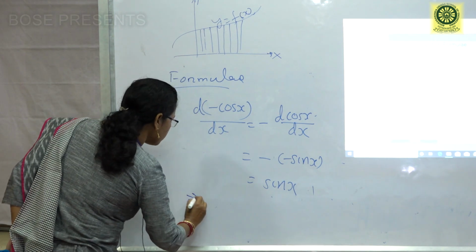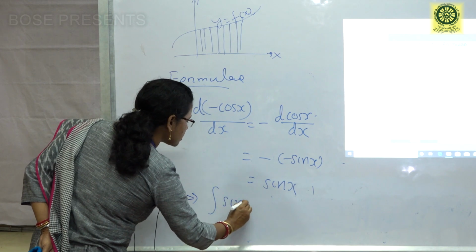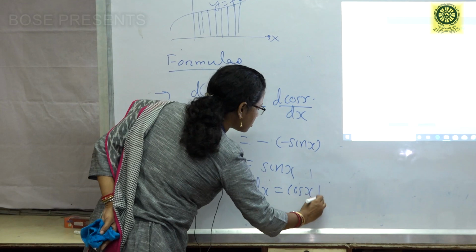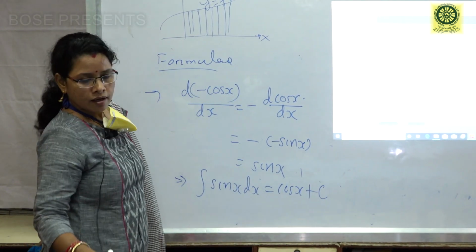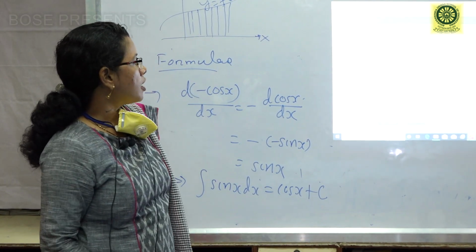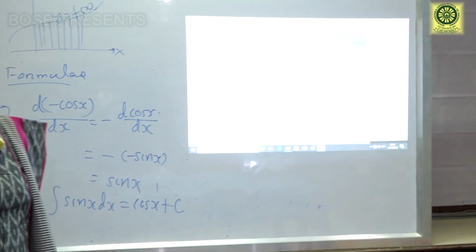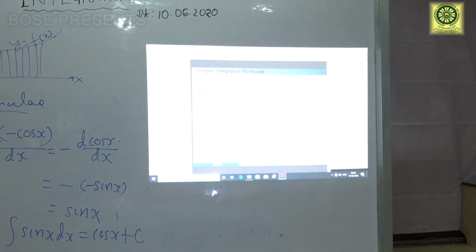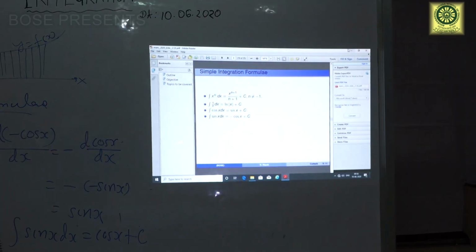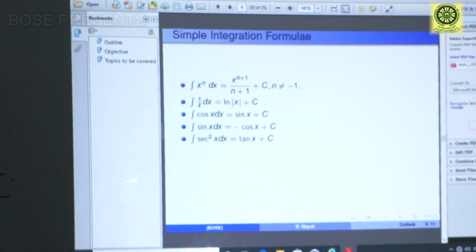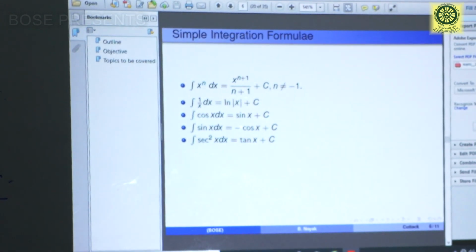That implies we can write that the integral of sin x with respect to x is minus cos x plus c. Likewise, we will get other simple integration formulas from the corresponding formulas of differentiation directly.